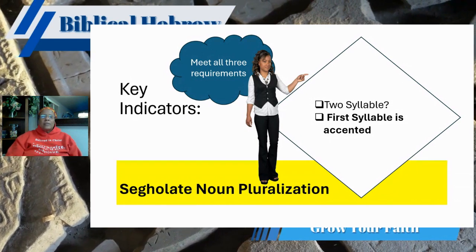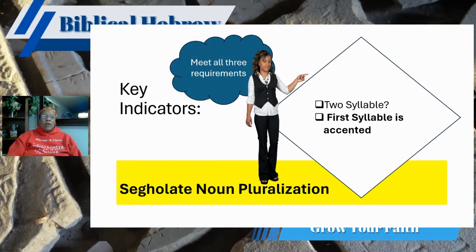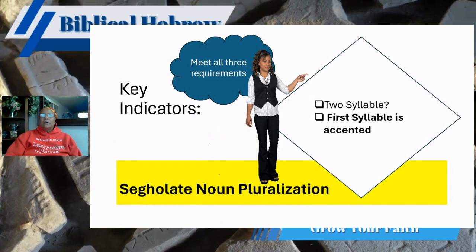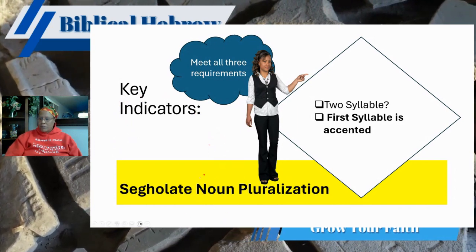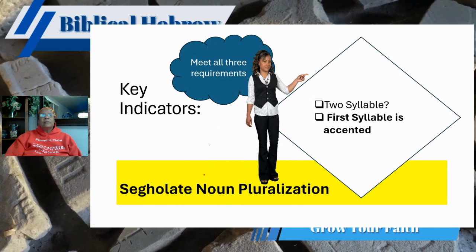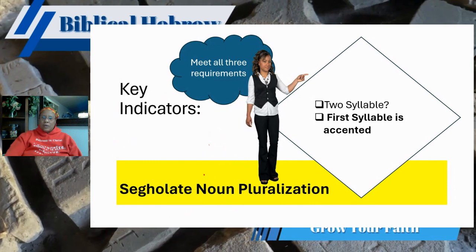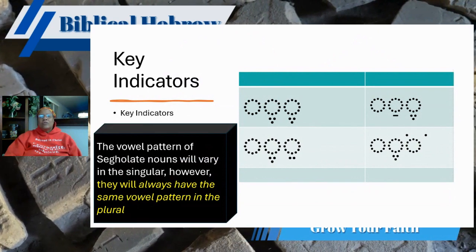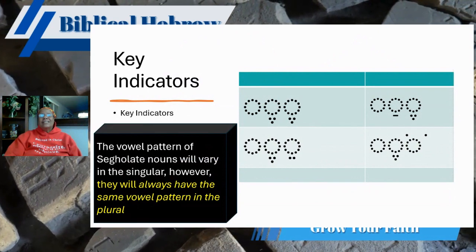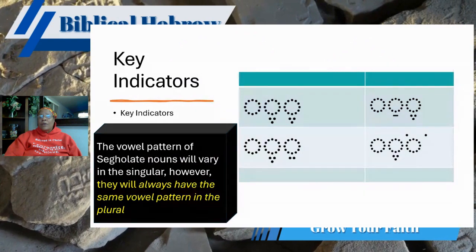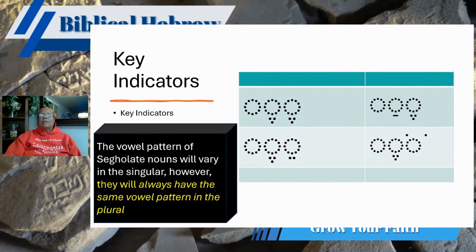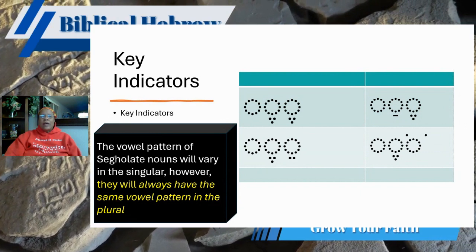So as we are looking at this, let's see if we can get this to advance, because it did not advance before. The vowel pattern of segolate nouns will vary in the singular. However, they will always have the same vowel pattern in the plural. And I'm going to show you that on the next screen.